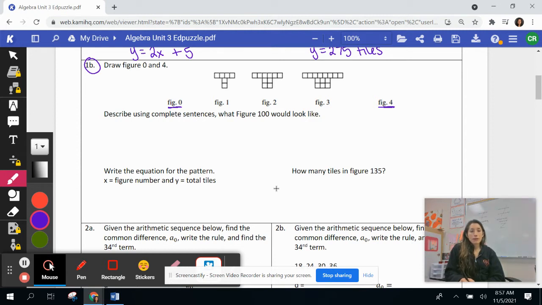Okay, now I'd like for you to tell me what is the slope, what's the rate of change, what is the 0th term, how many tiles are in it, and now we'll go ahead and have you write your equation in y equals mx plus b form. And go ahead and tell me how many tiles are in figure 135. So blank number of tiles.